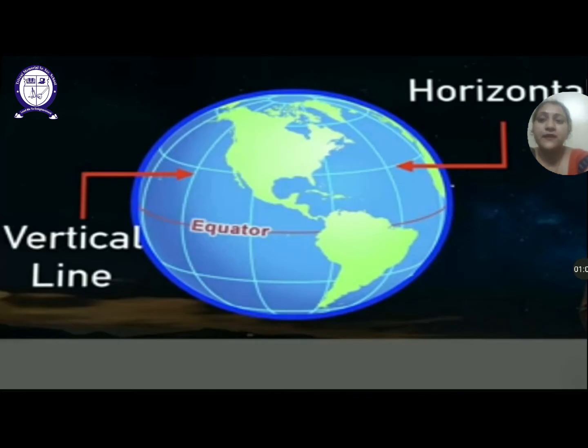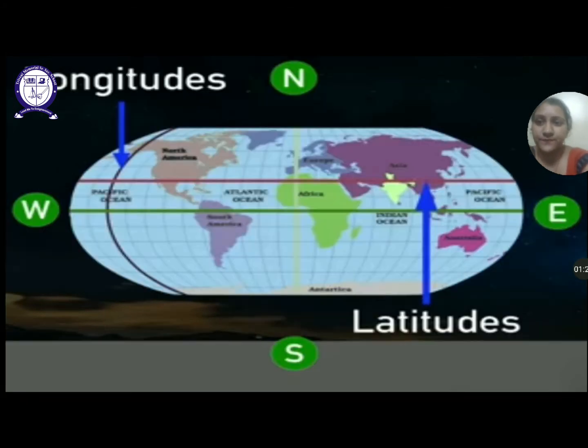You can see here that horizontal lines are parallel to the equator and vertical lines start from the north pole and end at the south pole. So longitudes are from north pole to south pole and latitudes are parallel to the equator.